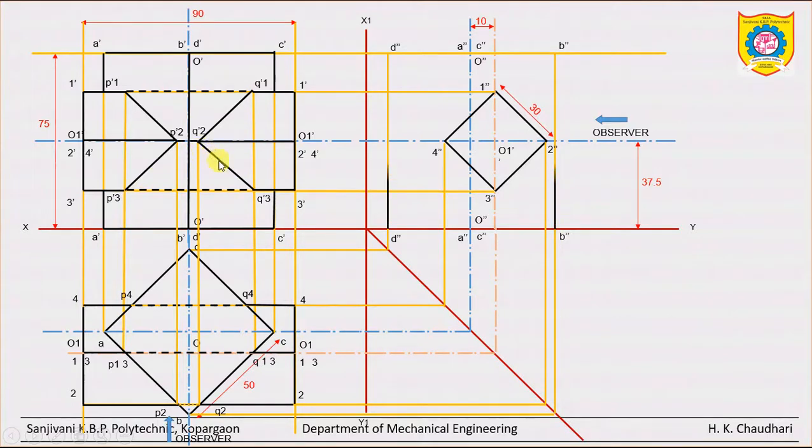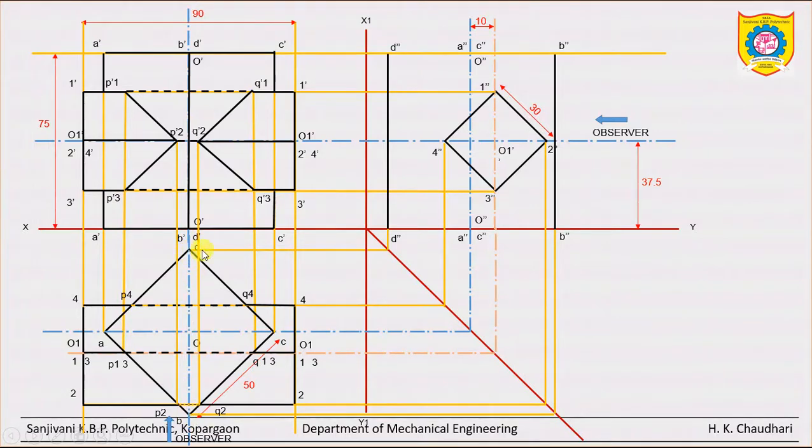Okay. Now which edges? D edge and B edge. See, we have made them thick. Why? Because see the top view, edge number B, that means this point B, it is outside the intersection.